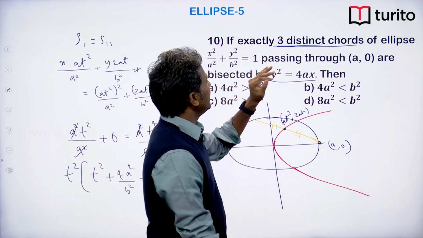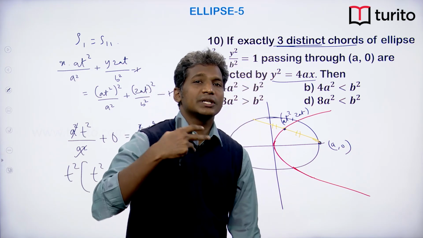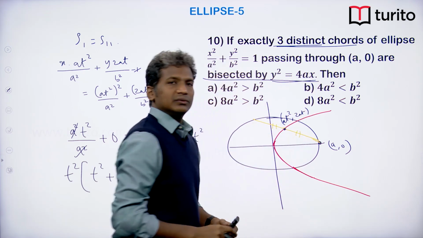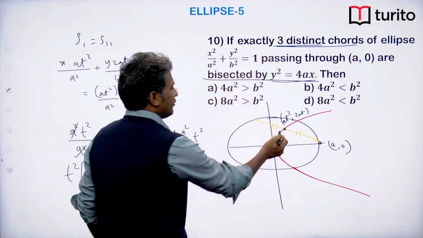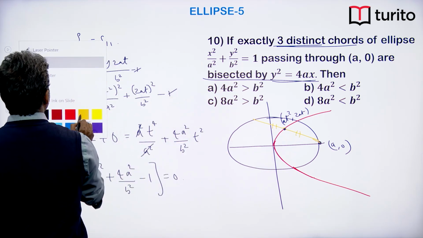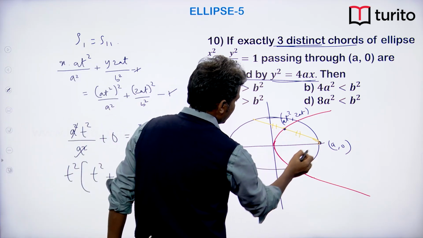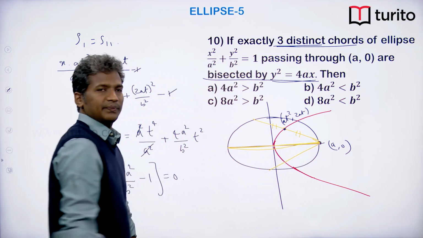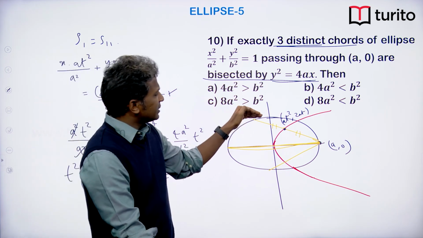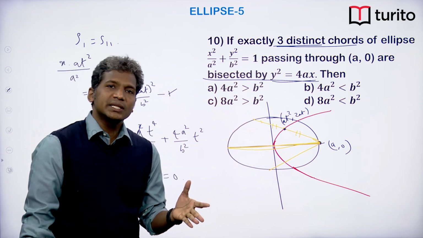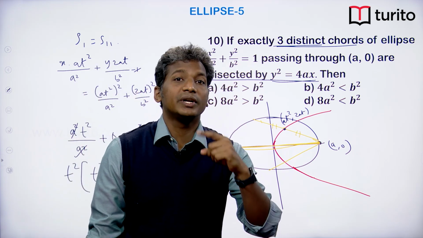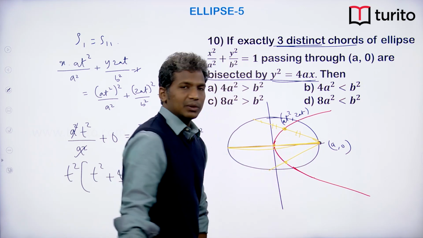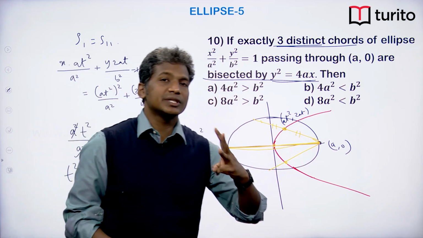Now, in the question it claims that 3 distinct chords are possible such that they are bisected by this curve. That means, if we get 3 chords like that, let us say there is one chord here and another chord here, which is actually the major axis itself. So, if we get 3 such chords, it means there should be 3 solutions of t, because there are 3 points of intersection on the parabola.